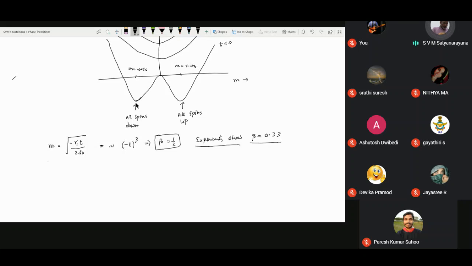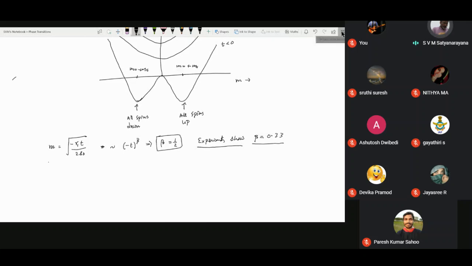That is where the perturbative corrections are important. So mean field theory is not exact. It will not give you the exact critical exponents, but nevertheless it will give you some idea of what kind of things are required to get these critical exponents. Okay, so this is one exponent.